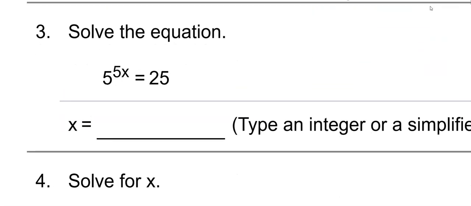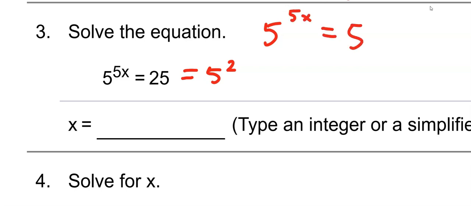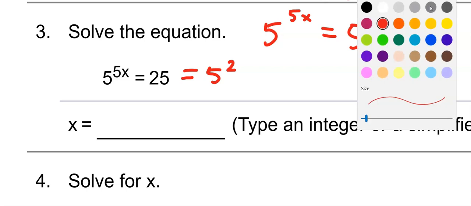Okay, now, a little bit of a stretch with this one, but I think we can handle it. This isn't too bad. We could change 25 into 5 squared. So what does that mean? Well, you have 5 to the 5x on one side, and 5 to the second on the other side.